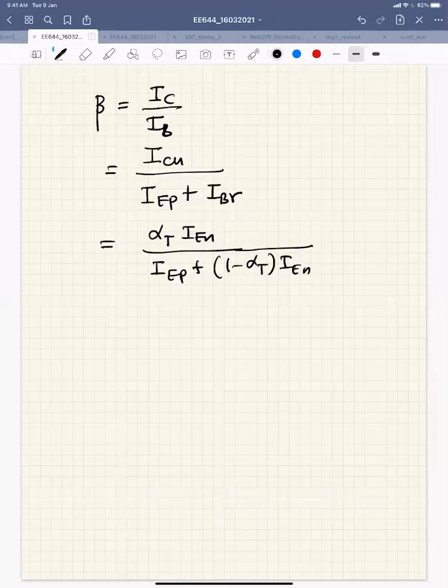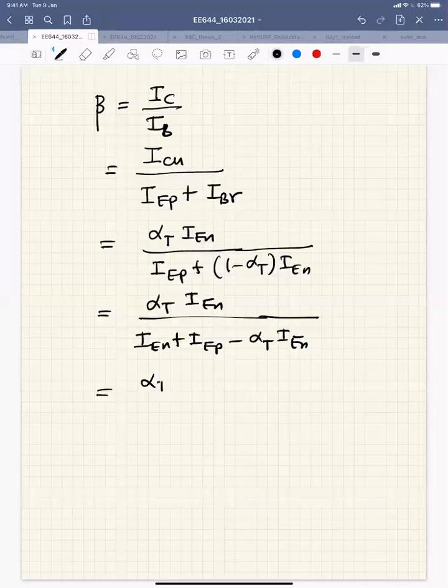Okay. So if I do this, I could also write it like this: IN plus IP minus alpha T times IN, right?